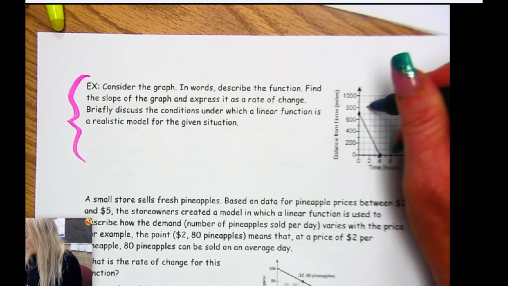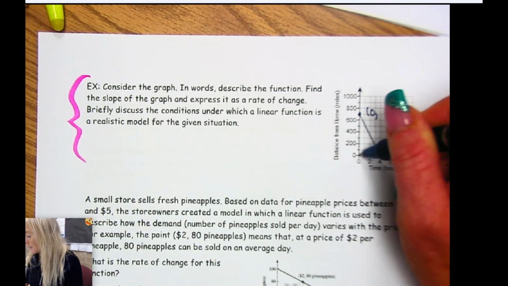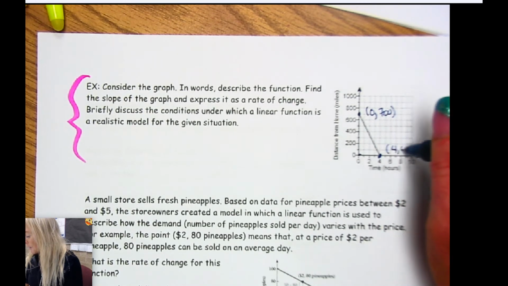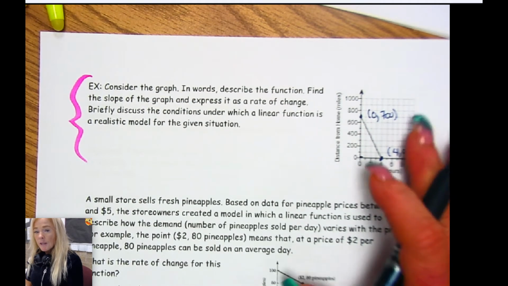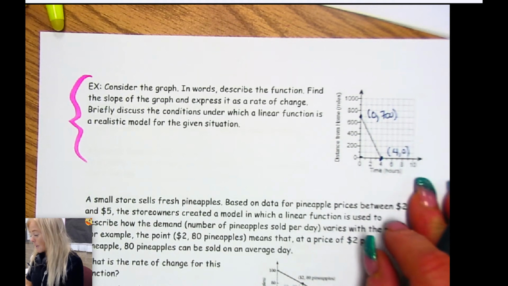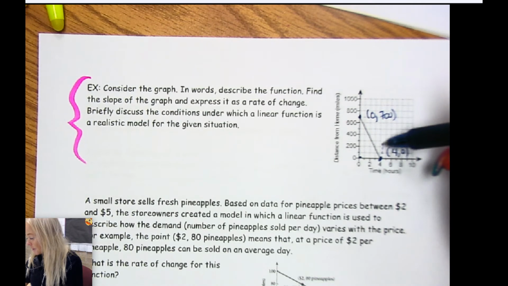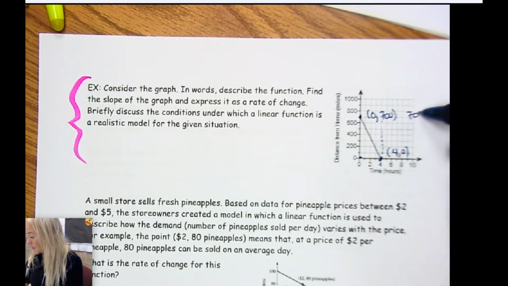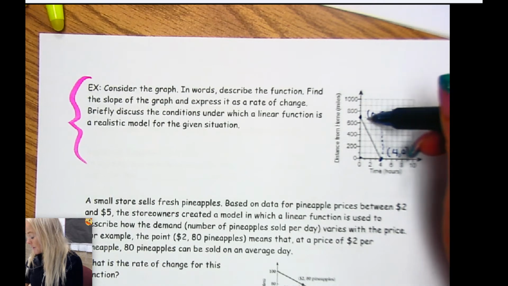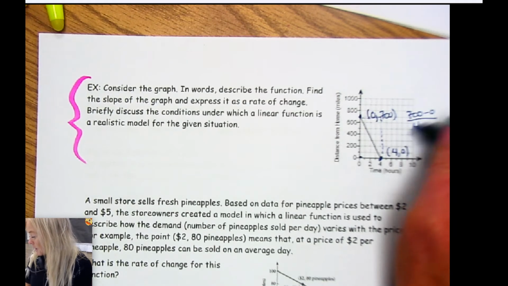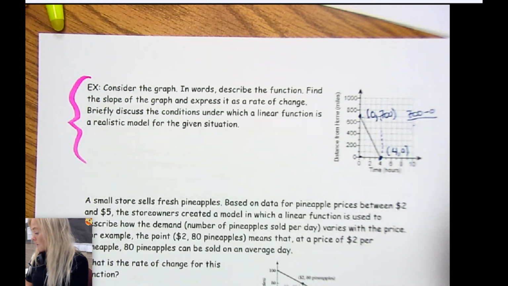So this is 0 over, and then 700 up, and this point is 4 over and 0 up. So I come up with 2 points, and then I find their difference, or what the change is. Vertically, our change is 700 minus 0, and horizontally, our change is 0 minus 4, to start with the same coordinate.